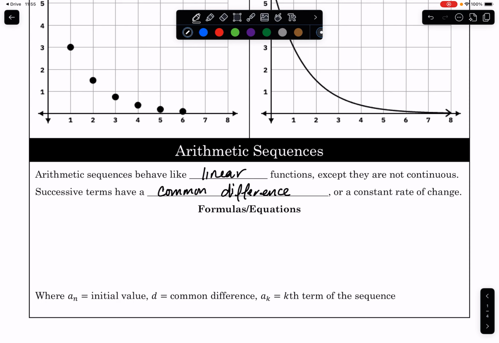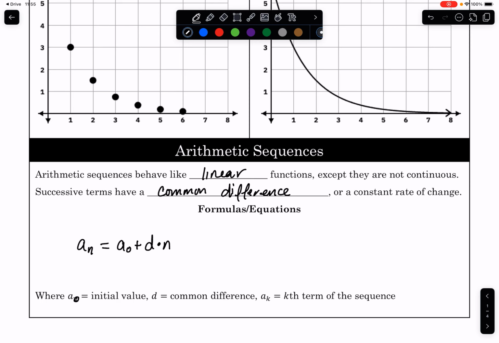The formula for an arithmetic sequence is very similar to that of a line. Remember, for a line, y equals mx plus b. The equation for an arithmetic sequence looks very similar, where we have a slope and a y-intercept, but instead of using y and x, we use a different notation: a sub n equals a sub 0 plus d times n.